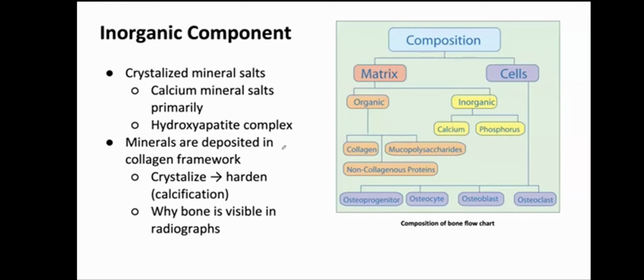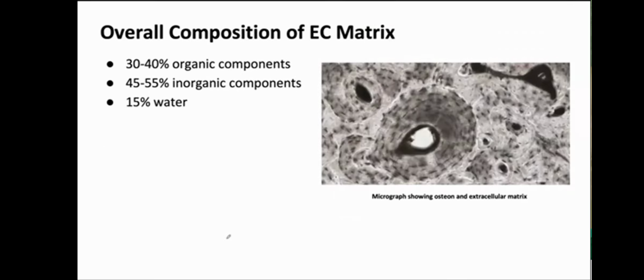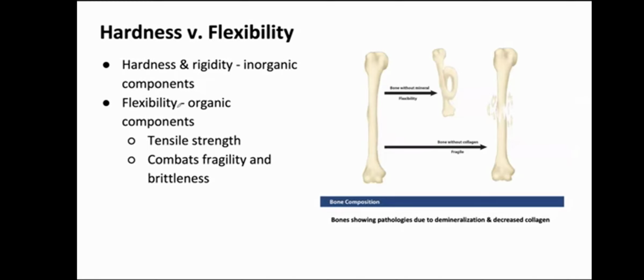Therefore the presence of these minerals shows up in x-ray or radiograph, isn't it? So the overall composition of the extracellular matrix is 30 to 40% organic, 40 to 45% inorganic, that is mineral composition, and 15% water.